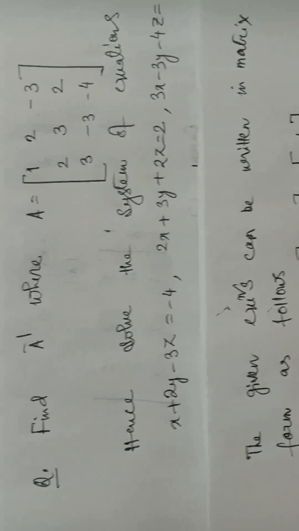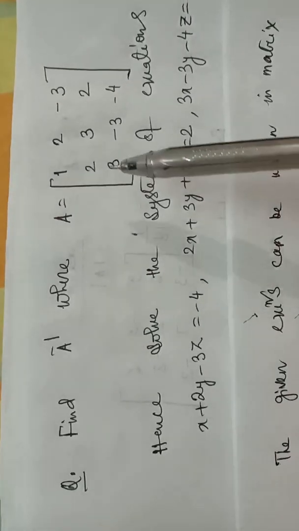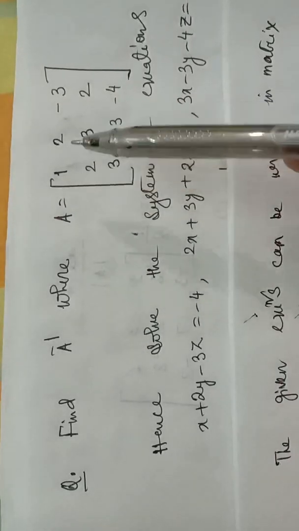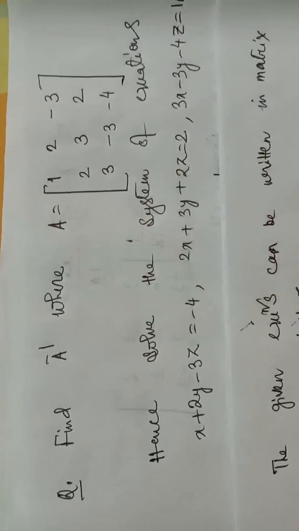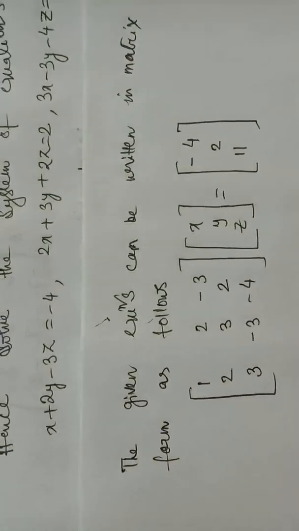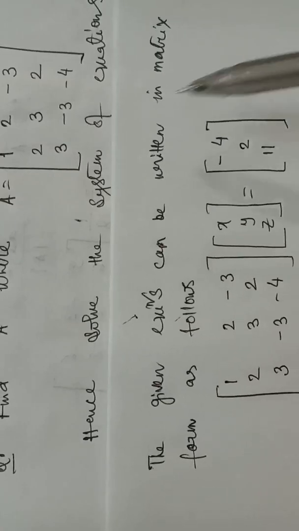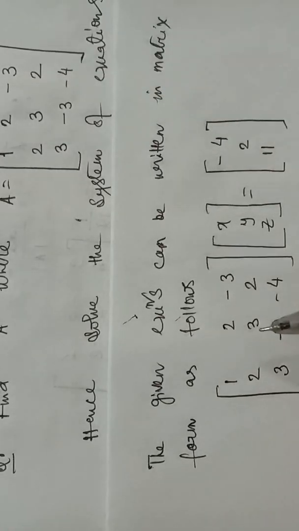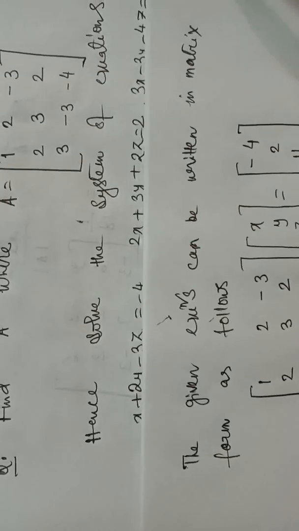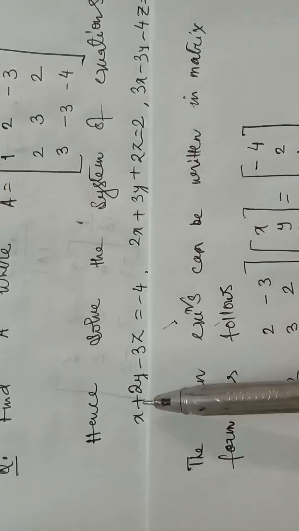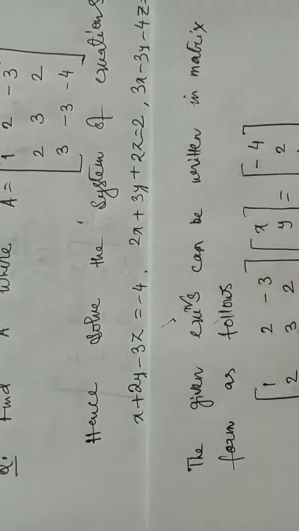Now you see the given matrix is this, which is equal to A. And now you can see these two matrices, the given matrix and the coefficient matrix, the coefficients of the variables in these equations.